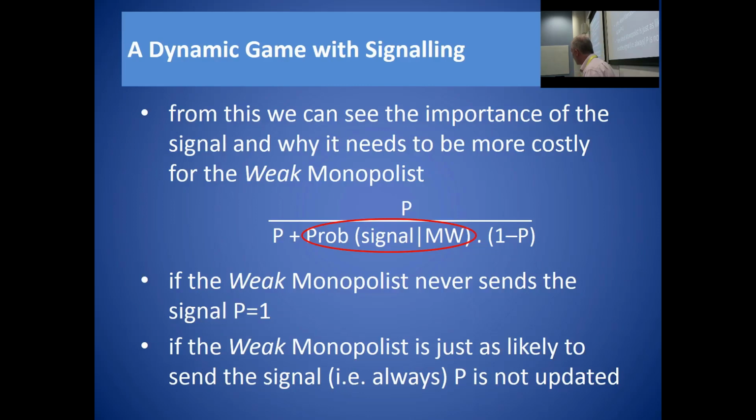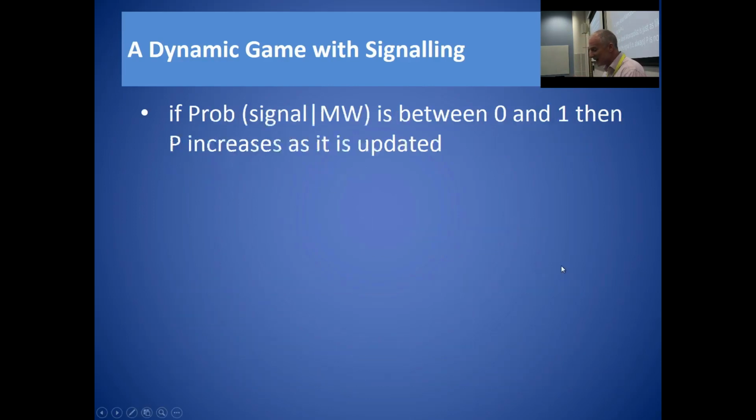So what's the point of having the signal? And this is it. This is the point of all of this. It's only when the signal is more costly for the weak monopolist to send that it conveys any additional information. Whenever the probability that the signal will be sent by the monopolist, given that the monopolist is weak, is any value between 0 and 1, it's then and only then that the value of P is updated.